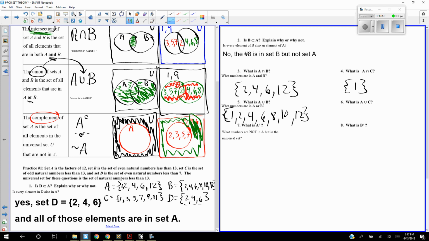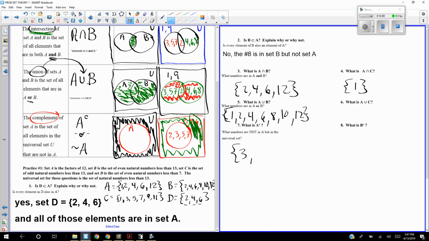Number 7 wants to know what is the complement of A. So basically, what's not in A that's in the universal set. The universal set, remember, goes from 1 to 12. It's the numbers less than 13.